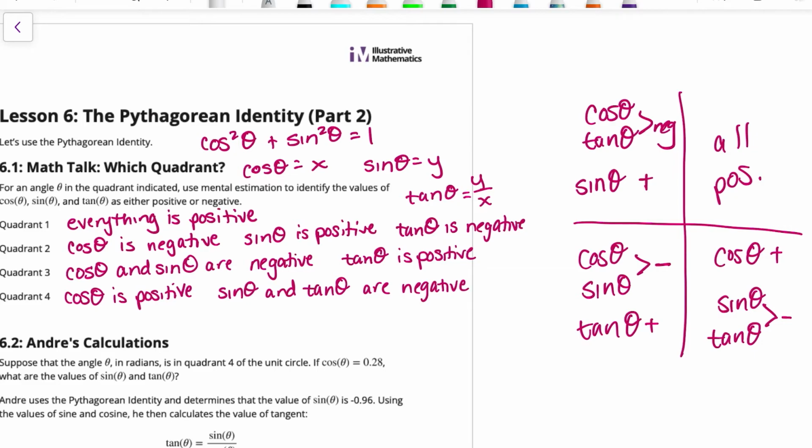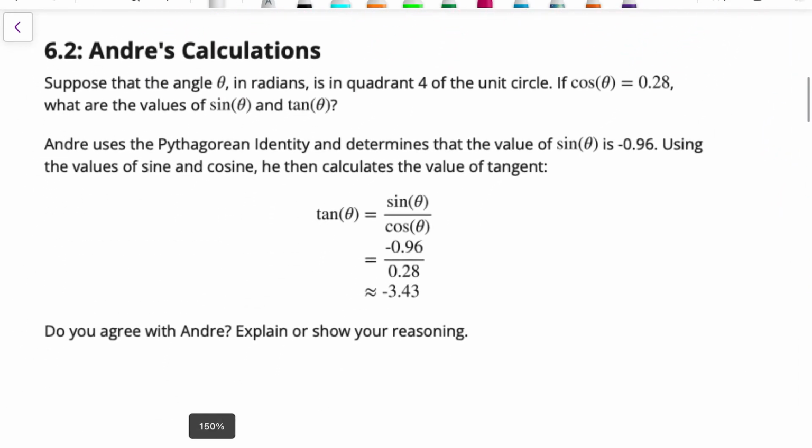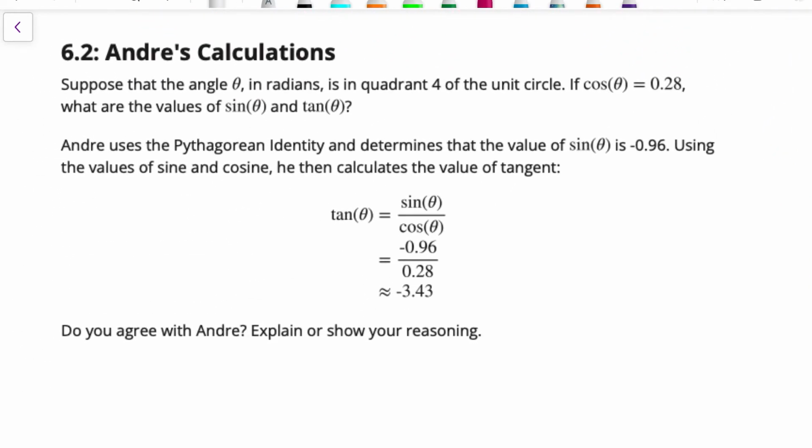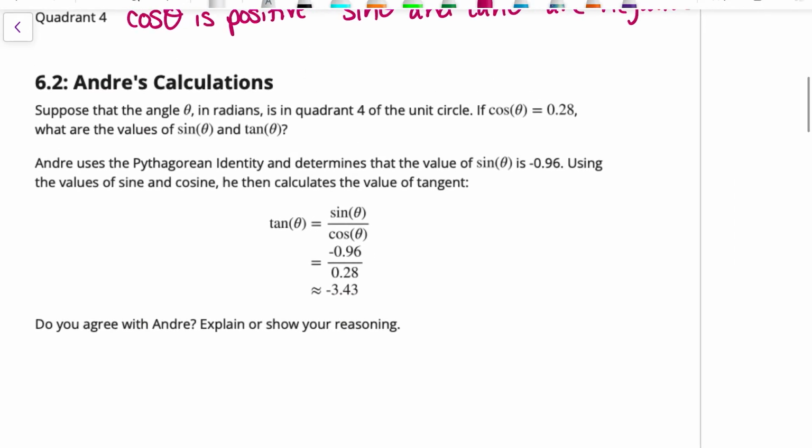All right. Okay, so let's take a look at Andre's calculations, part 2, or 6.2. Suppose that the angle theta in radians is in quadrant 4 of the unit circle. So again, I'm a visual person. I really like to draw this out so that I can see what I'm doing here. All right, so it's in quadrant 4. So we have this triangle here, and we know our cosine is 0.28, so that's our x value.